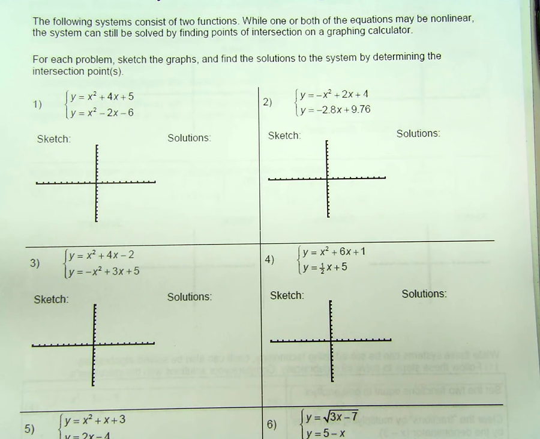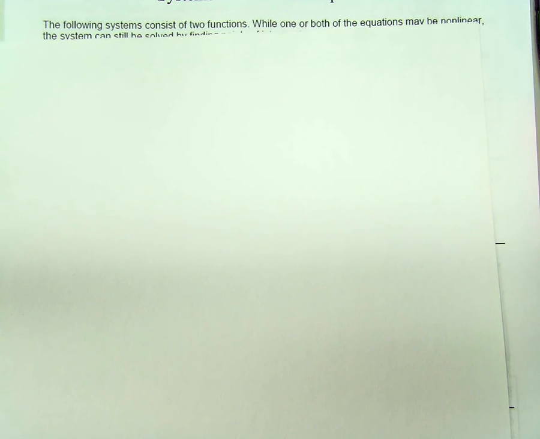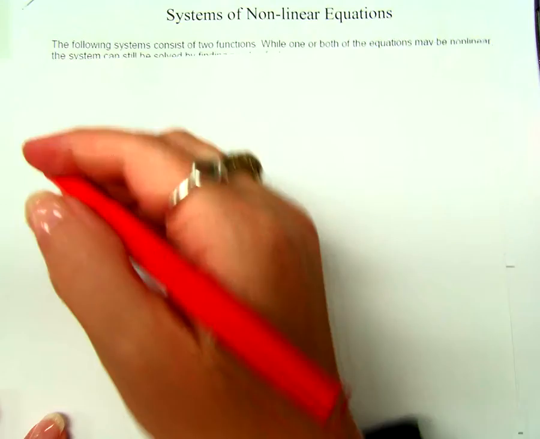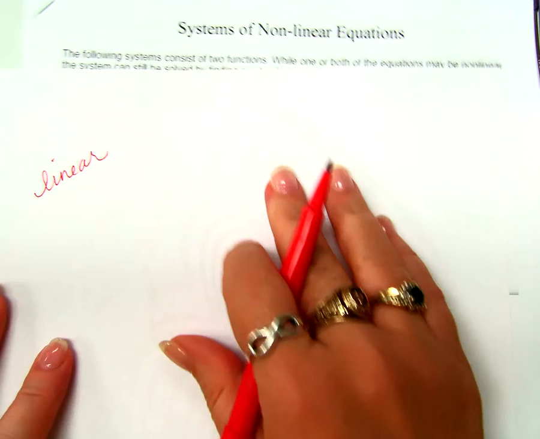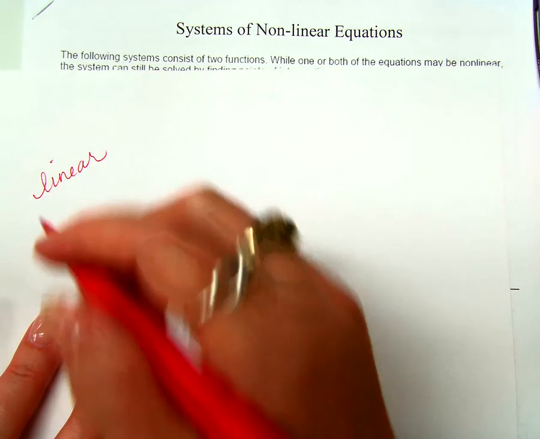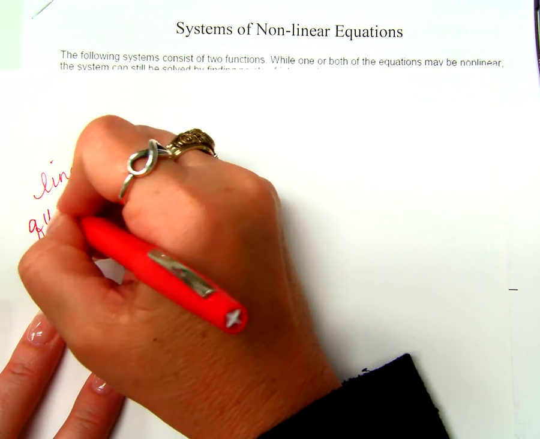Could you have a system with one equation? Yes? Okay. Could you have a system with 2 equations? Yeah? So for today, for the record, we have linear. You don't have to write this down. I'm just kind of giving you an idea. We've got quadratic.